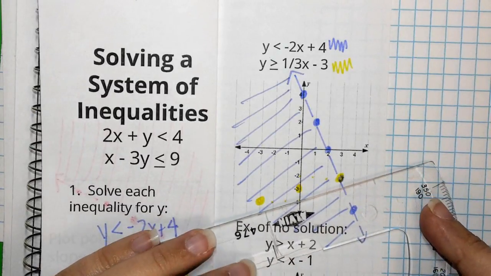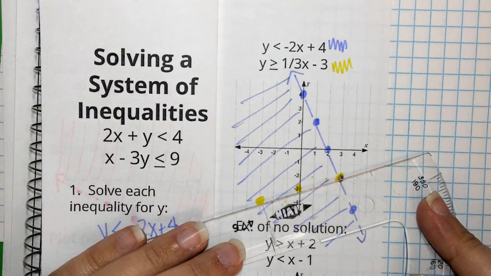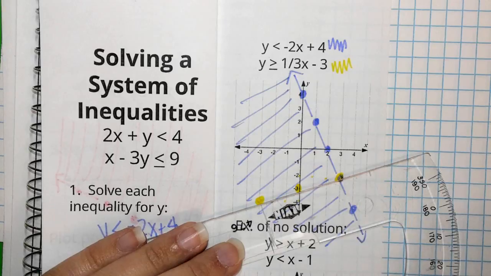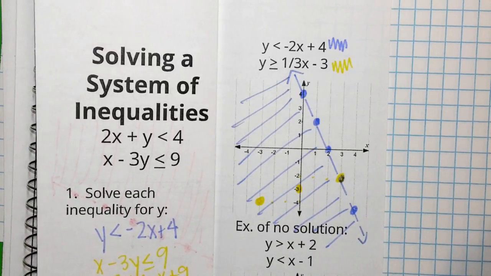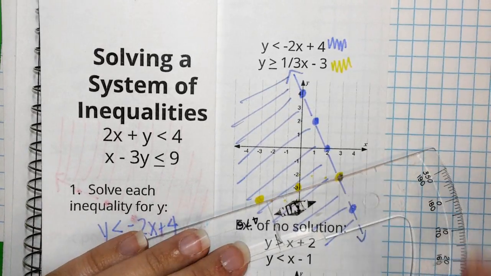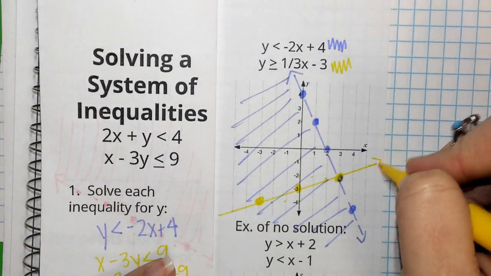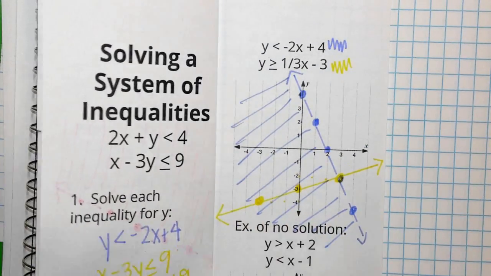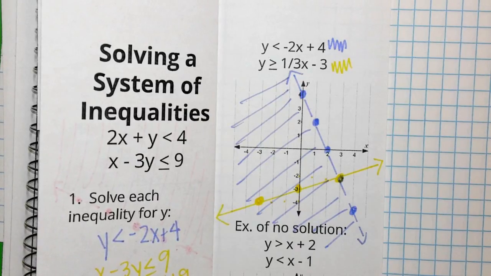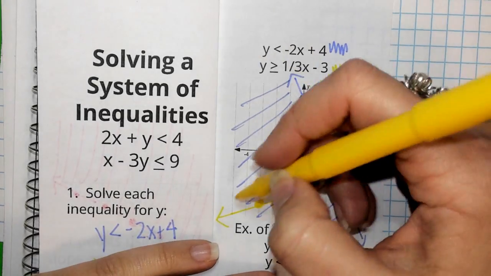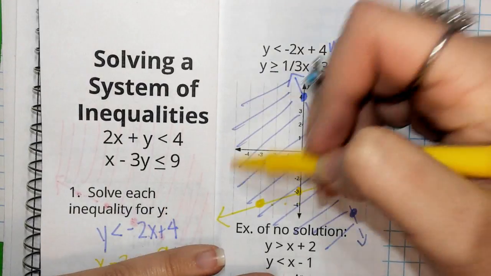Negative 3, negative. Good. Now, is this going to be a solid or a dashed line? Solid. Why? Because it's equal to or greater. I'm going to shade above it because it's greater than. Good. Now shade everywhere above it.